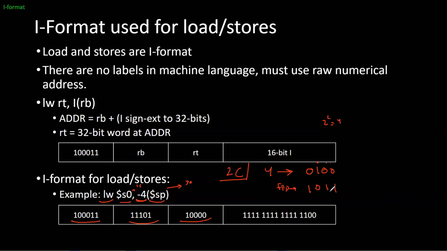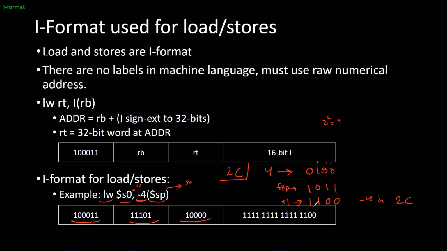And then the next step was to add 1. When you add 1 to this one, you get 0 and a carry. 1 plus 1, again you get a 0 and a carry 1. And then you get 1, and this one just drops. So now that is representing -4 in 2C.